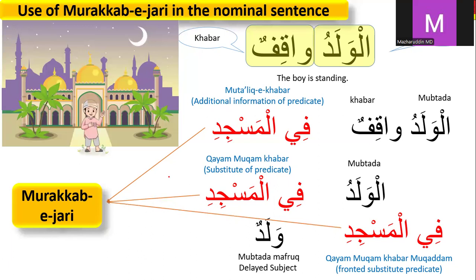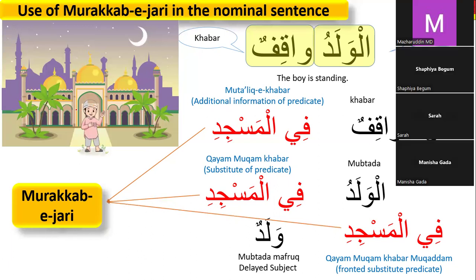So you need to identify. Please study these three conditions so that you can identify the name of murakkab jari. So I can conclude here murakkab jari can't be actual khabar or actual mubtada.